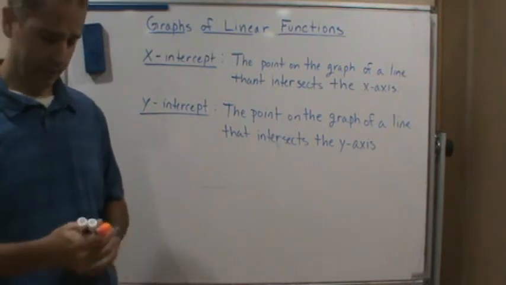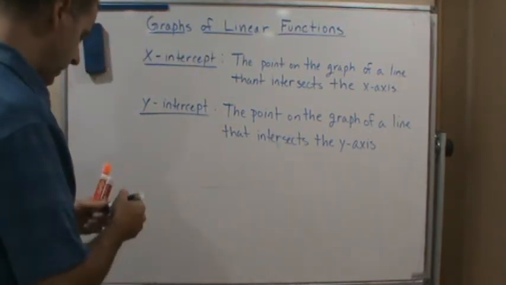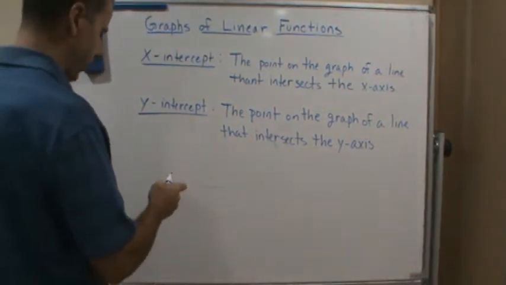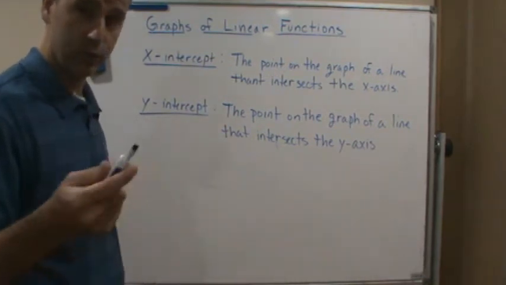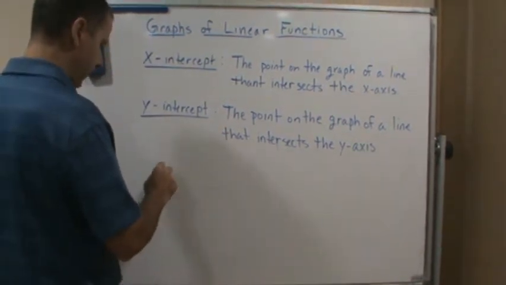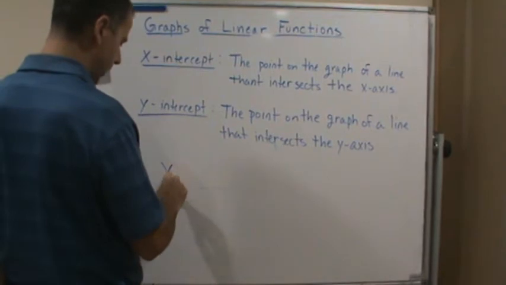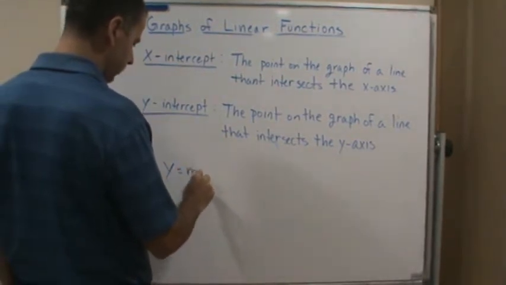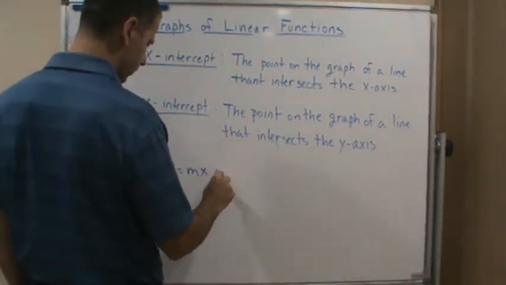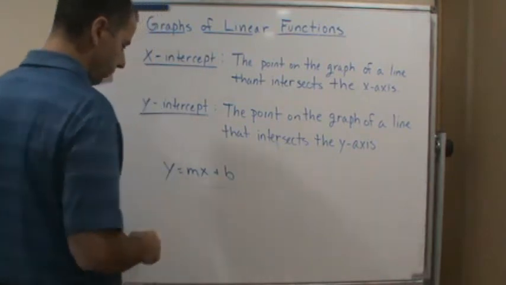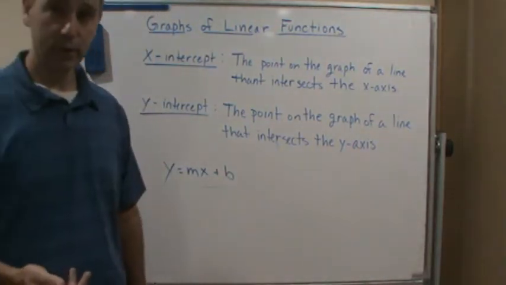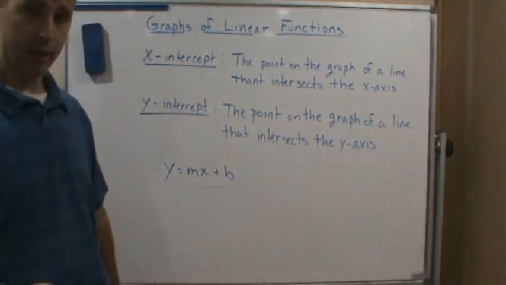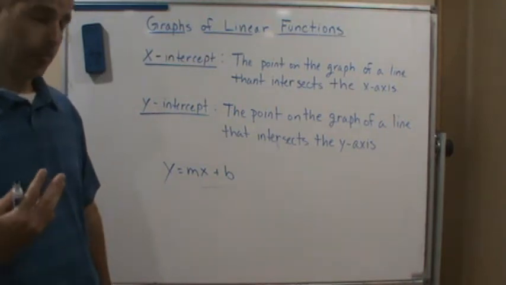So how do you find these? Well, it's very easy to find these 2 points. We already know how to find it using the y-intercept form, but if you take the equation of a line, it could be in y-intercept form, it could be in standard form, it doesn't matter.